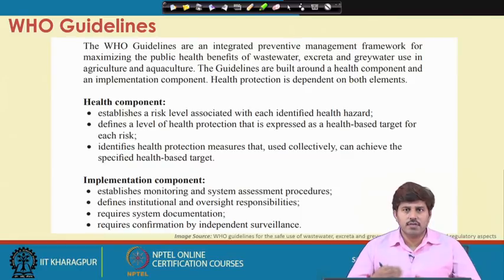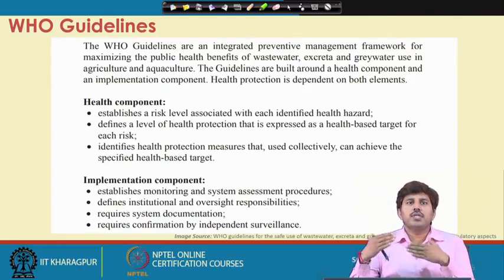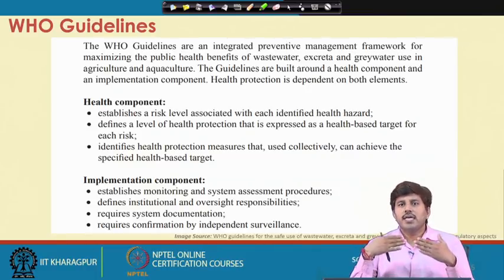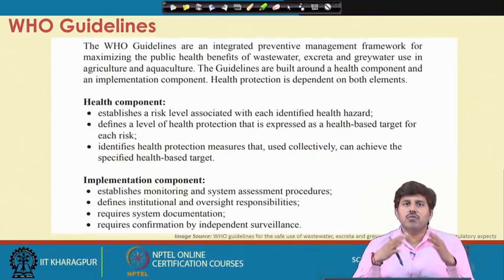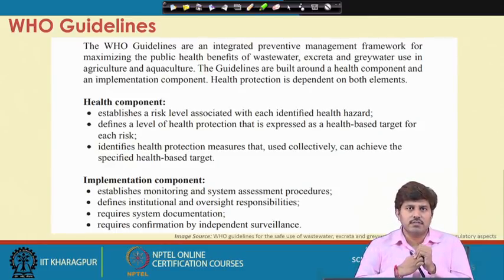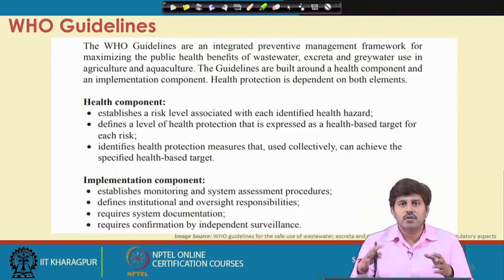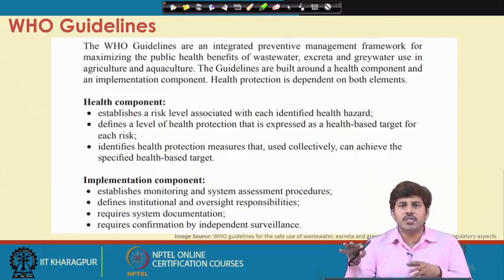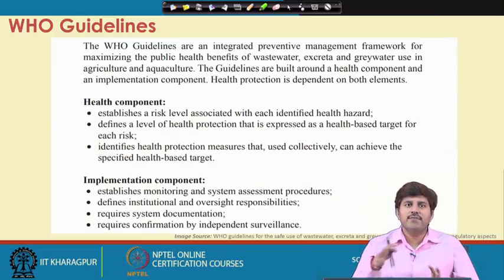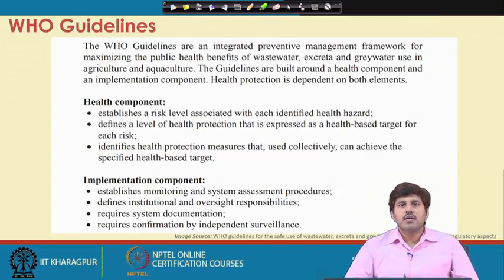In the health component, the risks associated and how to establish those risks, and how to ascertain that these risks are minimized, are described in quite some detail. Then there are implementation components: how to implement these systems for reuse or potential reuse in agriculture and aquaculture, which are the prime focus of these WHO guidelines. So, health protection is dependent on both the elements.